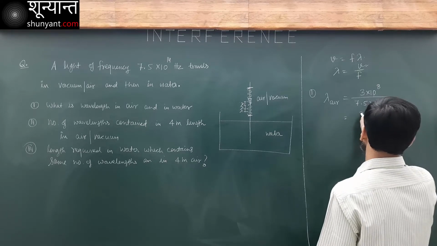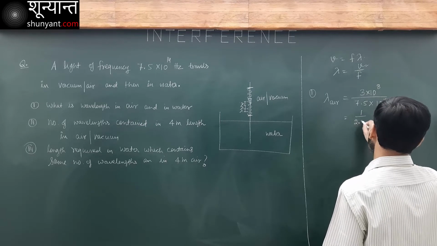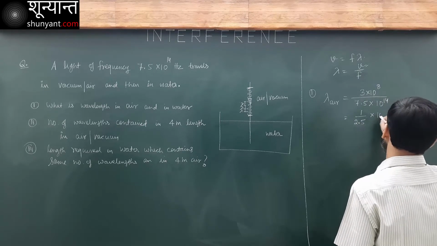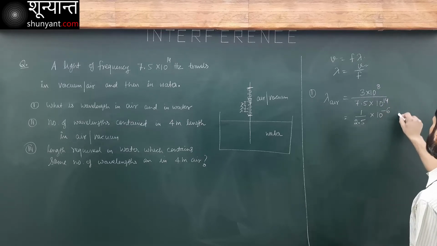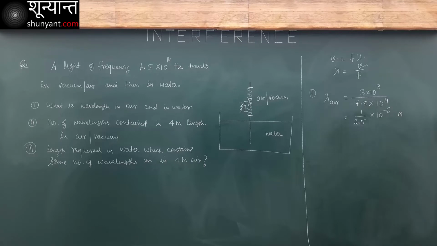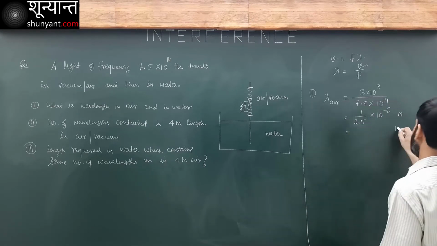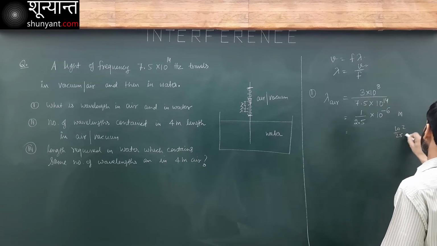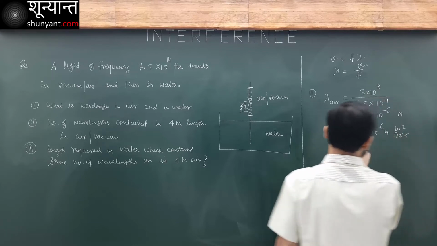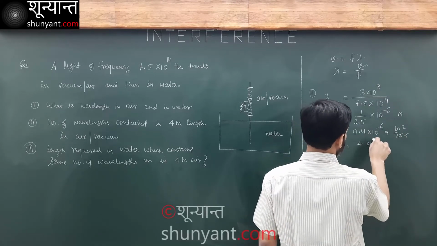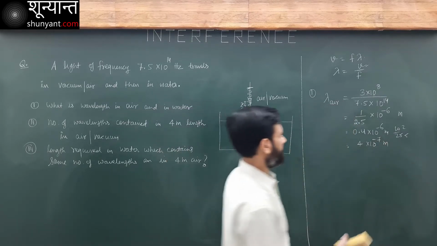This is going to be equal to 1 over 2.5 into 10 power minus 6 meter. I can write it as 0.4 into 10 power minus 6 meter, so 4 into 10 power minus 7 meter. This is the wavelength in air.